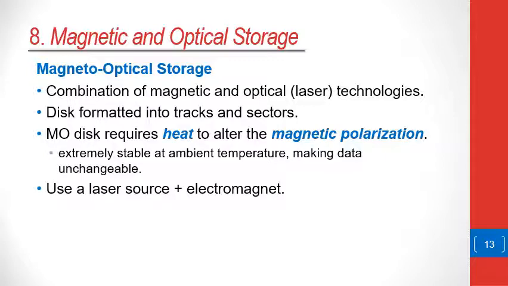Another special type of storage is called the magneto-optical storage. So unlike the hard disks, which use the magnetic principle for storage, and the compact disks, which use optical instruments, the magneto-optical storage uses a combination of both magnetic and optical technologies.